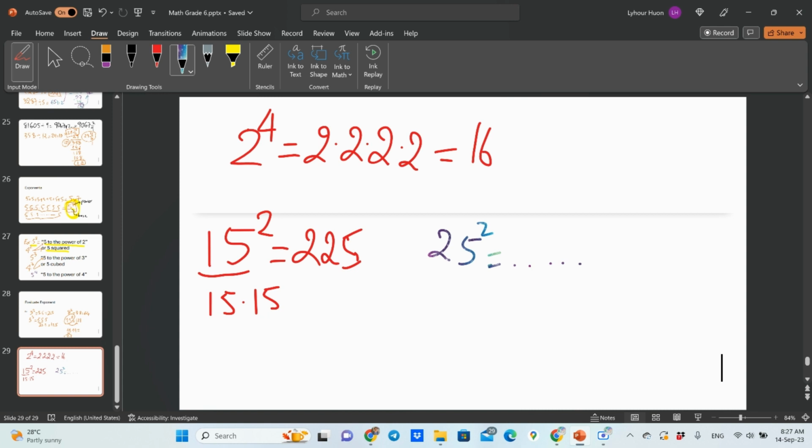Twenty-five square. Oh, wait. Equal to 625? 625. 625.